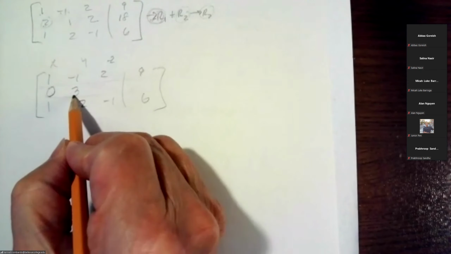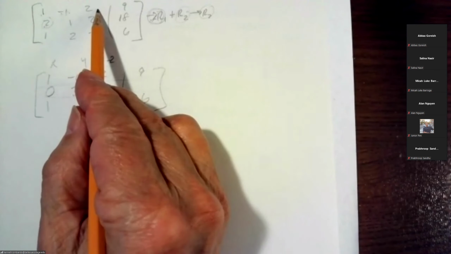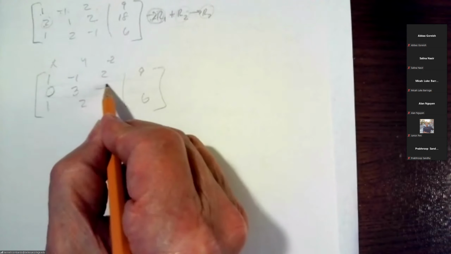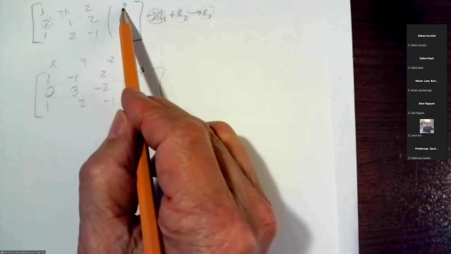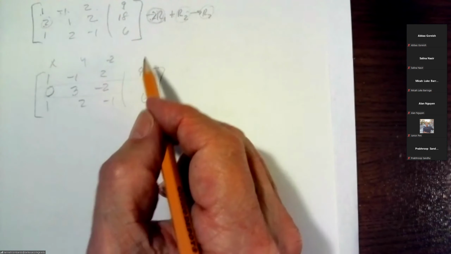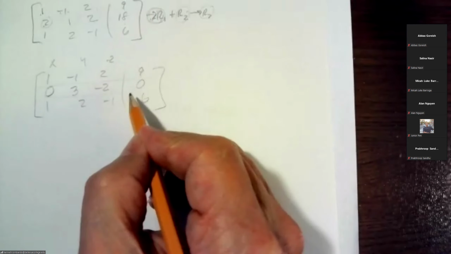That's going to give me a 3 right here. And then -2 times 2 is -4 plus 2 is a -2. And then -2 times 9 is -18. And -18 plus 18 is going to be 0.